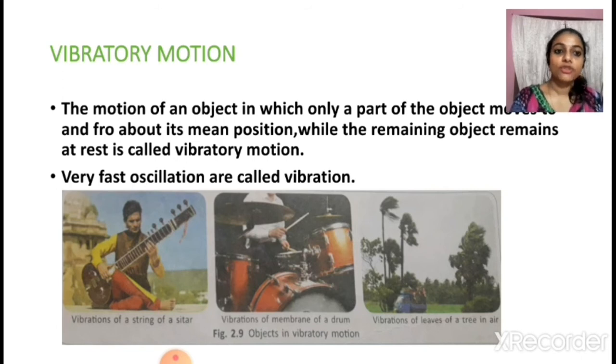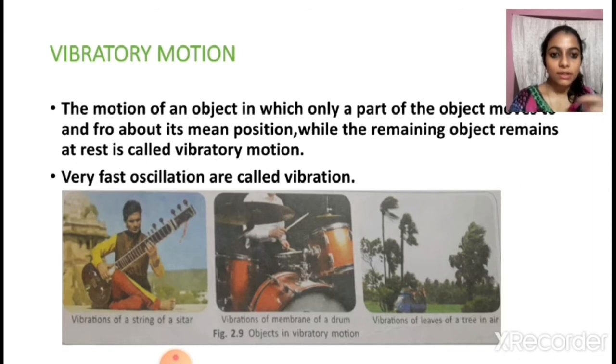It is the motion of an object in which only part of the object moves to and fro about its mean position, while the remaining object remains at rest, called vibratory motion. See, when we take the example of vibration of the string of the sitar, when we are plucking the string of the sitar, what happens? Does the whole sitar move?